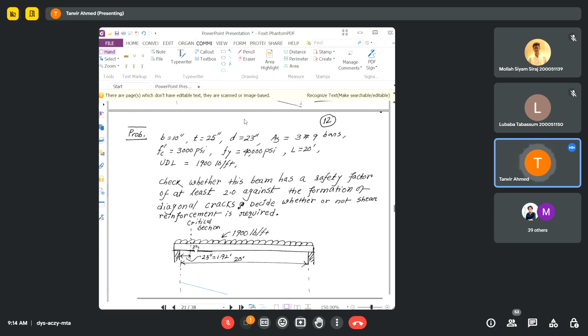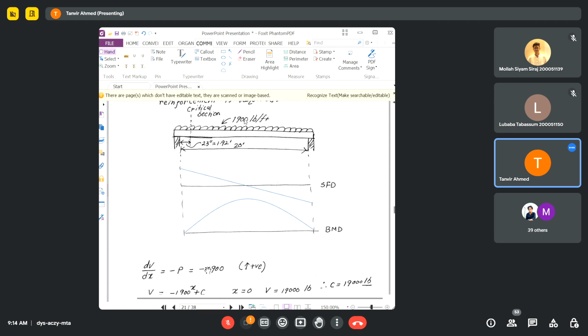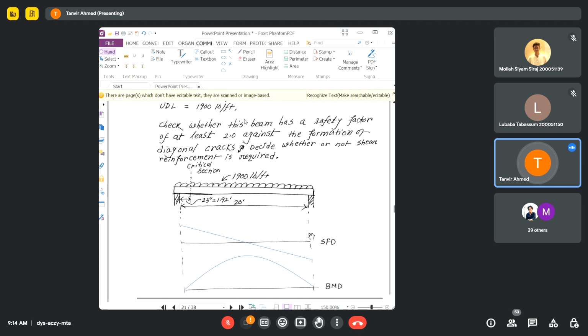So you have been asked to check whether you are actually required to provide shear reinforcement in this particular beam. In this case, you can first draw the shear force diagram and the bending moment diagram. Then you can calculate the value of the shear force at a distance d.